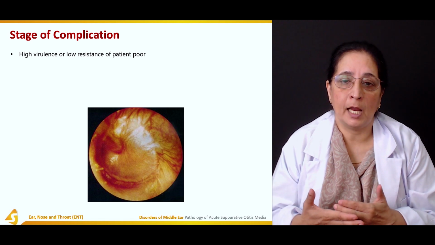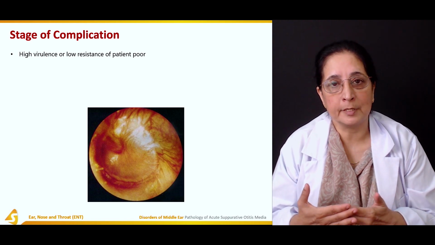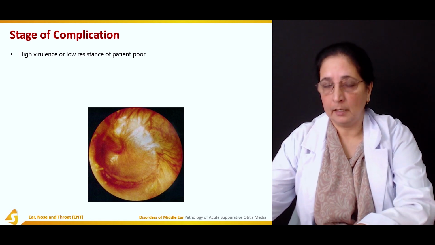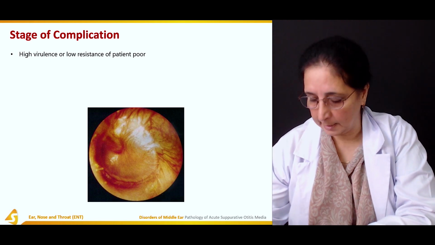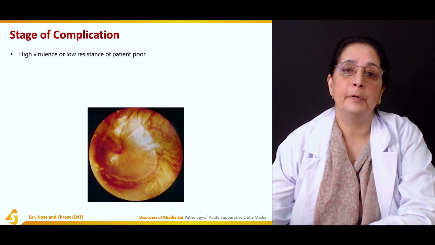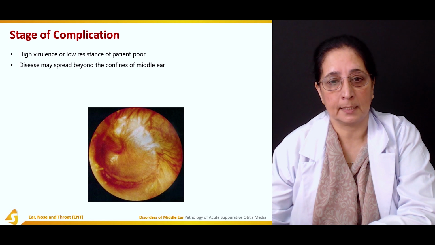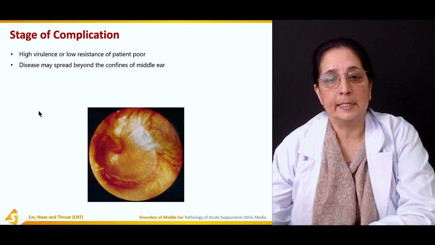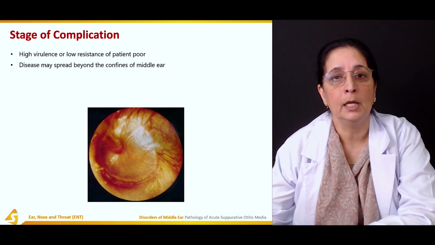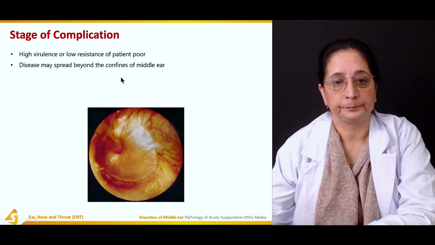So if the patient has poor resistance, the complications are more. Similarly, if the causative organism was highly virulent, the complications are more serious. And sometimes the disease may spread beyond the middle ear, so it can spread to other parts also.